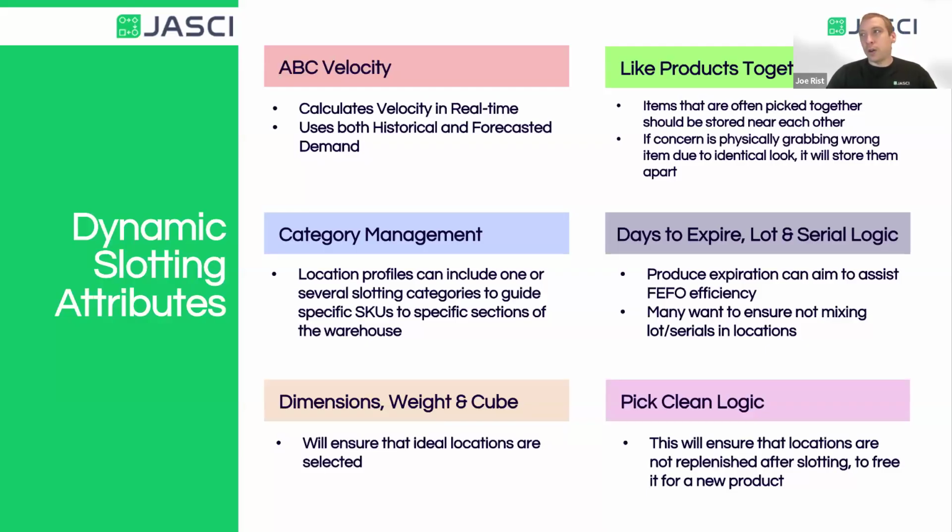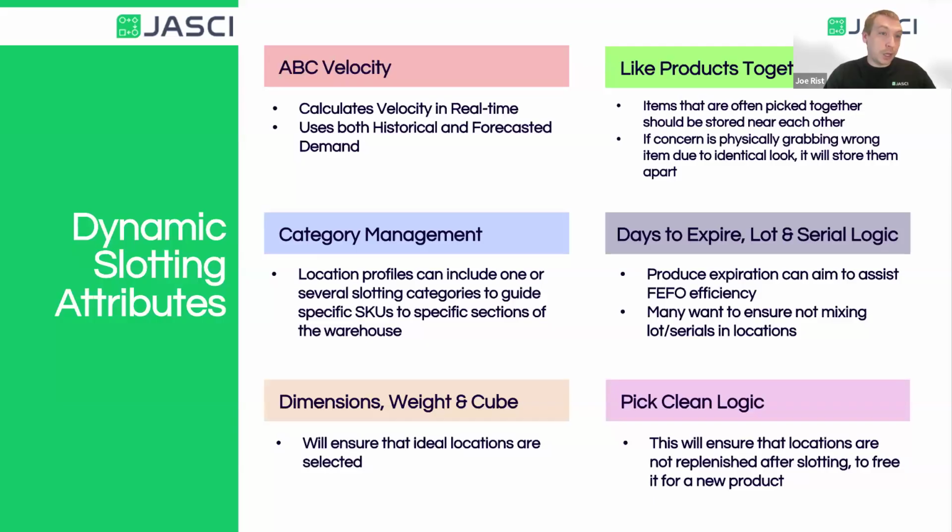The last thing I'll mention here, two last things I'll mention, is that we have pick clean logic. Pick clean logic has a little to do with your replenishments too. It's basically declaring that we want to pick this location clean of the particular SKU that's there right now, and not keep replenishing it and not keep putting away new inventory to it, because we're trying to clear that location out for a new SKU eventually.